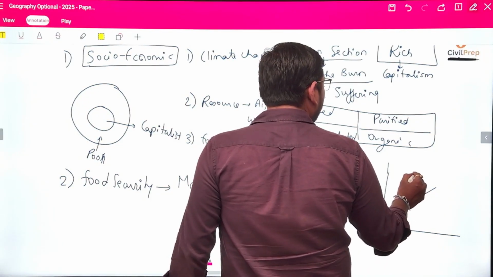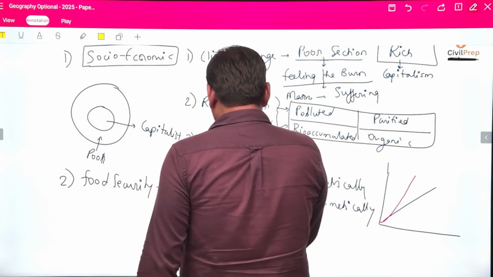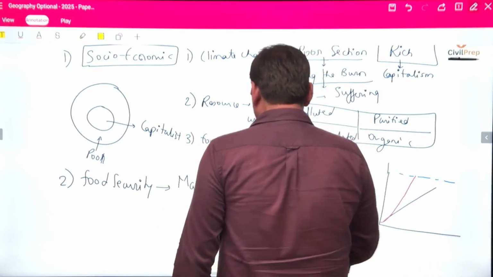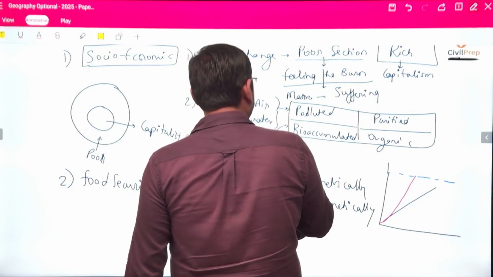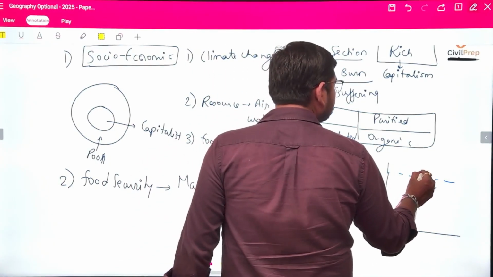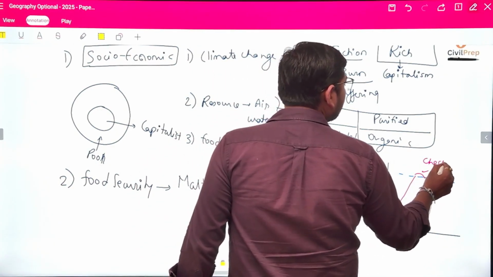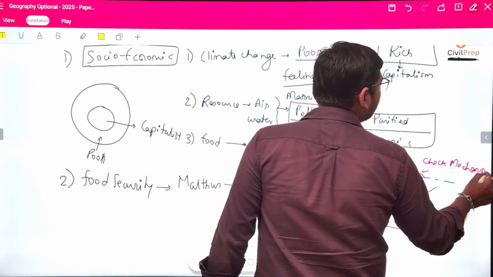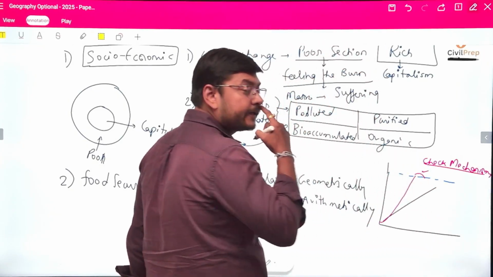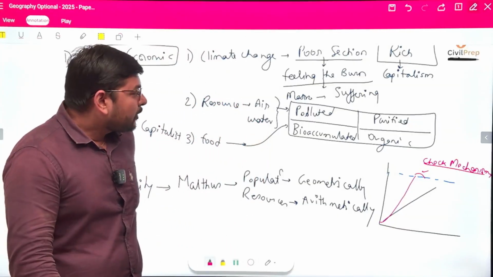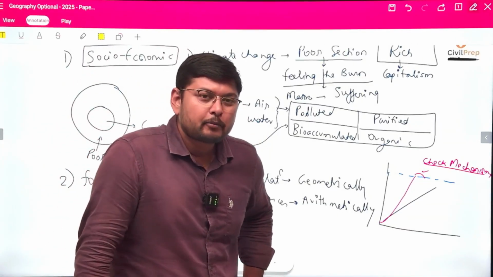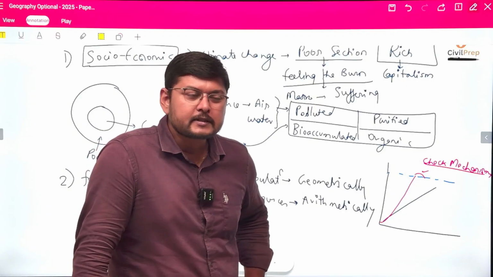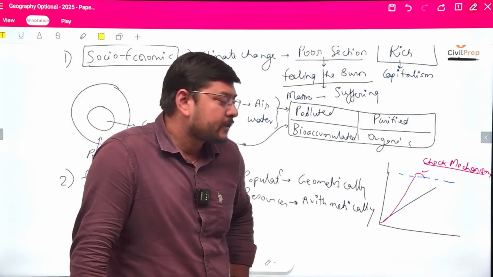But after a point, there will be certain issues in society, and this will result in various check mechanisms. Because of this, the population of human beings will be controlled, but in the form of famines, wars, and other issues, civil wars, etc.